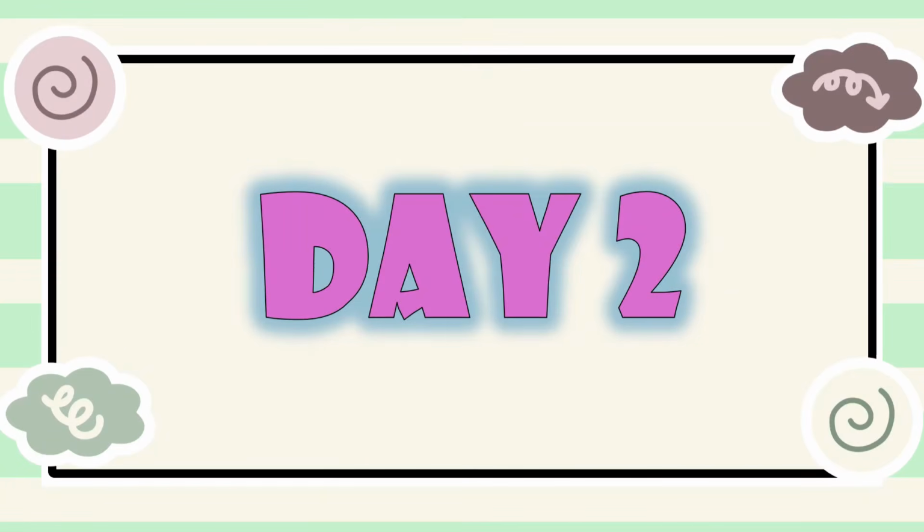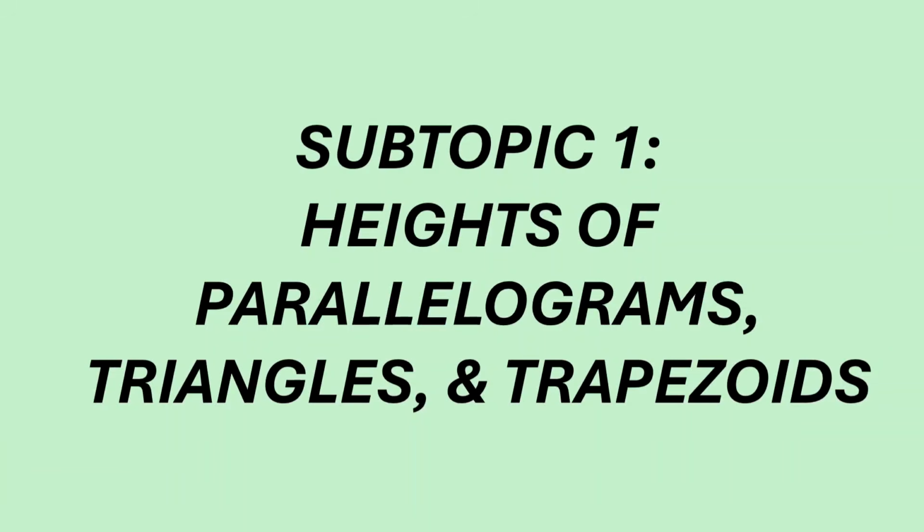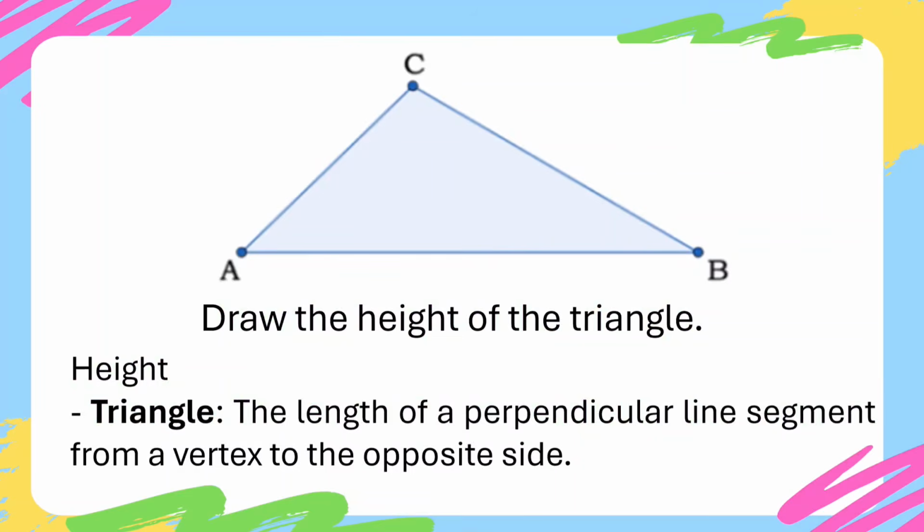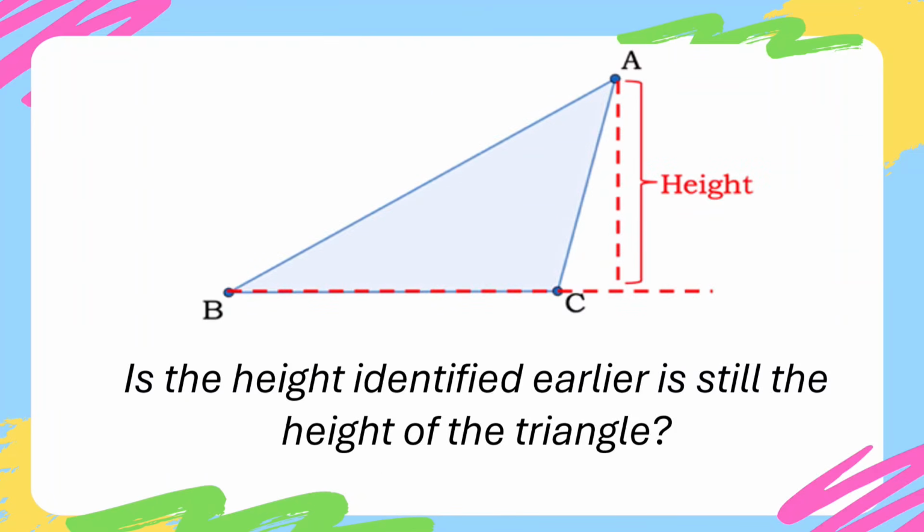Day 2. Our topic is about heights of parallelograms, triangles, and trapezoids. Now let us draw the height of the triangle. The length of a perpendicular line segment from a vertex to the opposite side. Now students, is the height identified earlier still the height of the triangle?